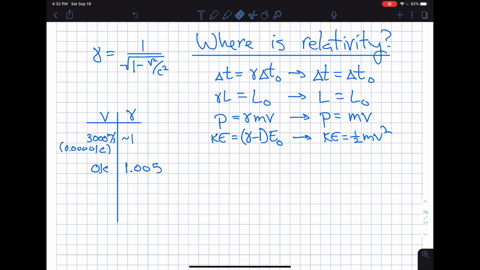So at 0.1 c, gamma is 1.005. Still not much of a difference, but this is significant enough that generally we consider 10% of the speed of light to be roughly when you need to take into account relativistic effects. It always depends how precise you're trying to be. You might need to take into account relativistic effects sooner, depending on how precise you're trying to be.